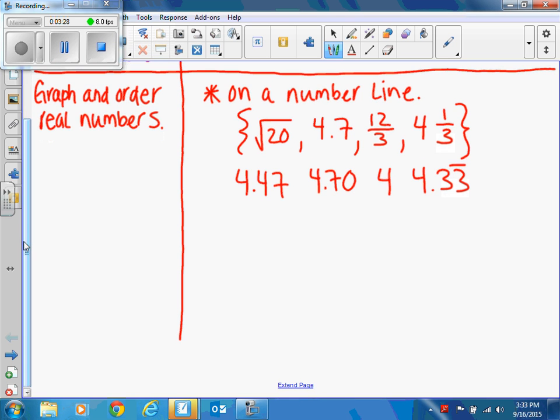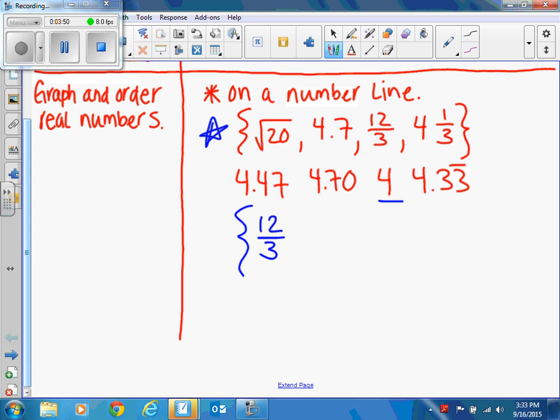So we're going to start right here with 4. 4 is going to be our least. Now, when we order these and we put them back in the braces, you want to refer to those numbers as they were in your original set up. So for 4, we're actually going to put 12 over 3.